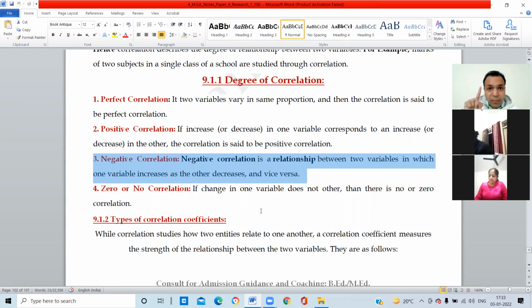But if 50% demand is increasing and 50% consumers are purchasing the mobile phone, this is called positive correlation. In the second condition, if 50% demand is increasing and 50% supply is decreasing, meaning 50% of persons are not purchasing the mobile, this is also called a positive correlation. If they are increasing or decreasing in the same proportion, this is called positive. But if demand is increasing and supply is decreasing to some extent, this is called the negative correlation.